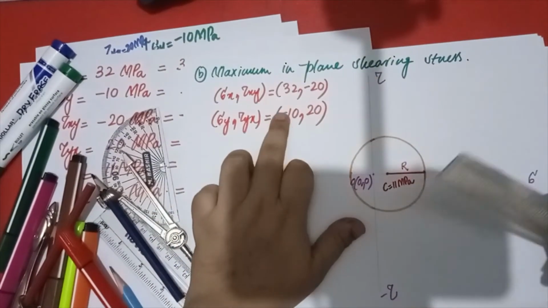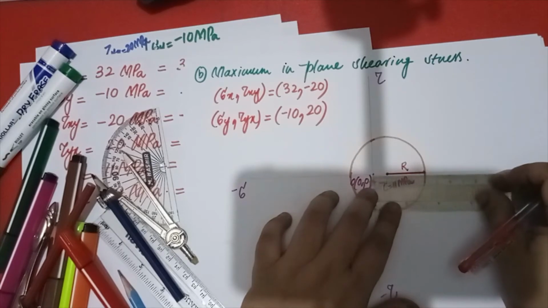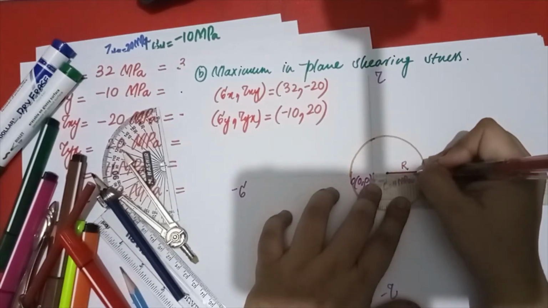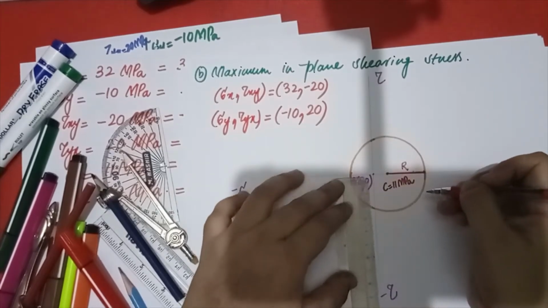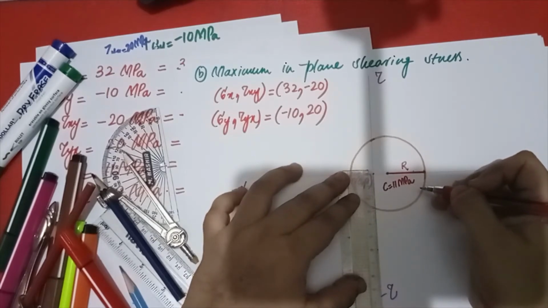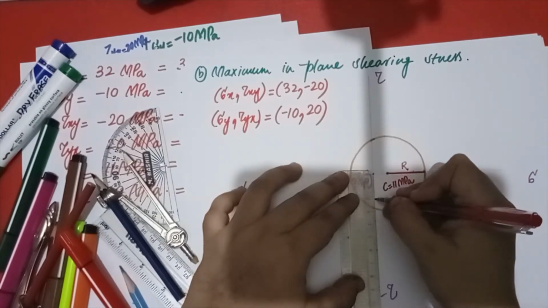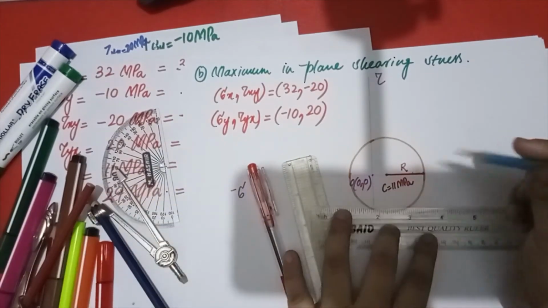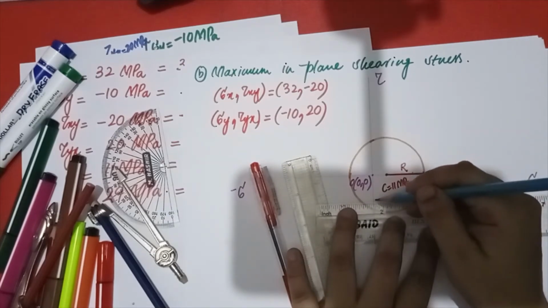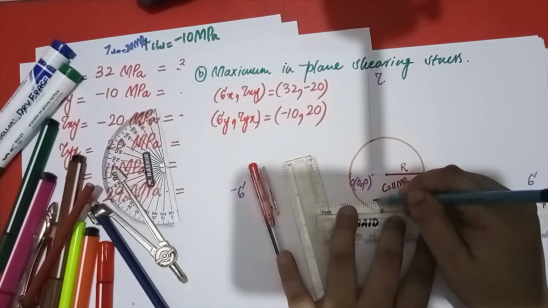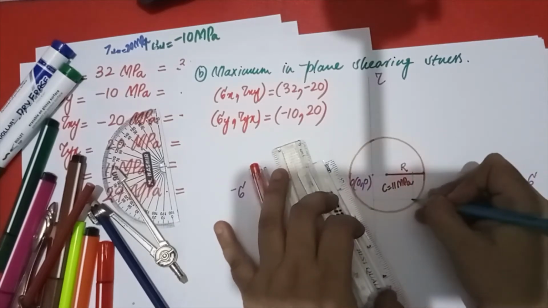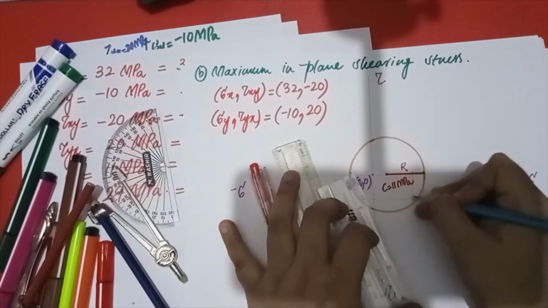First of all, I have already told you that this is 32 and this is minus 20. So sigma x is positive, 3.2. Let me plot it here. 3.2 will be here, and this is minus 2 centimeter, so it will be somewhere here. Now I have to extend the line here, and then I will extend this line, so I will get this point.